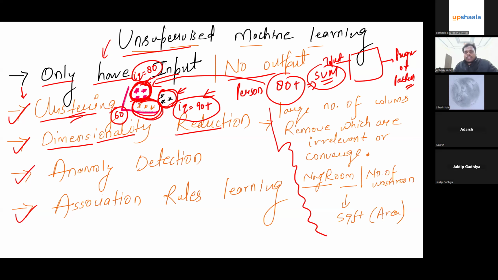The inputs themselves form a kind of pattern, because they are already placed in clusters. For this kind of clustering we use the SVM algorithm, support vector machine.